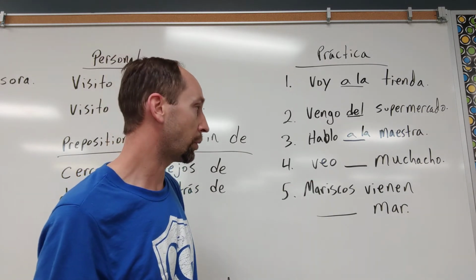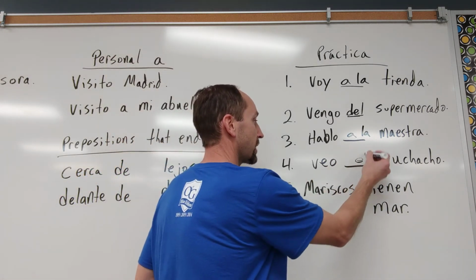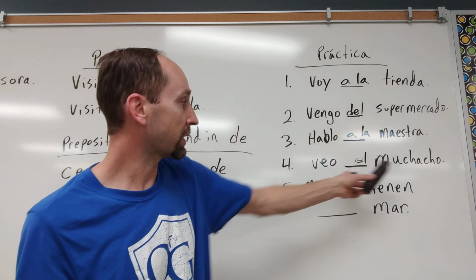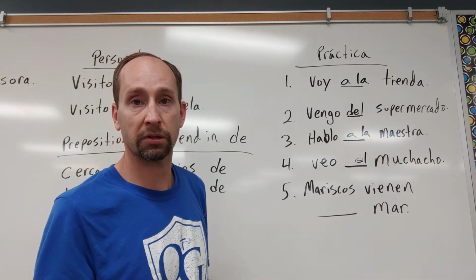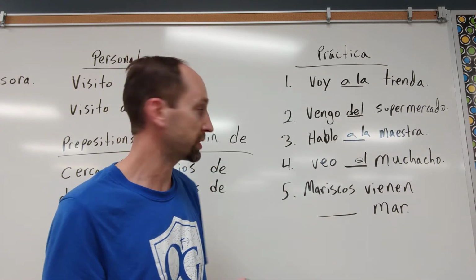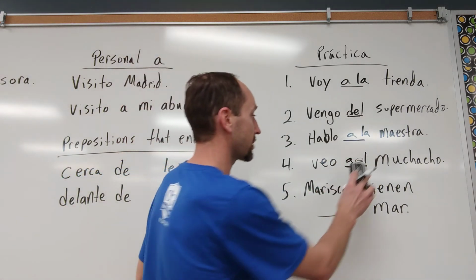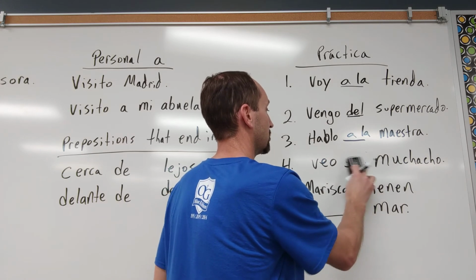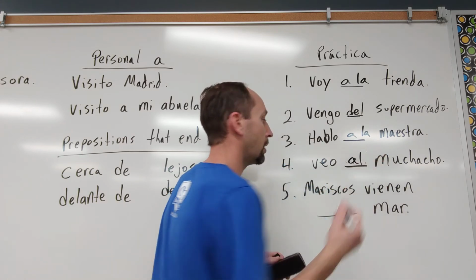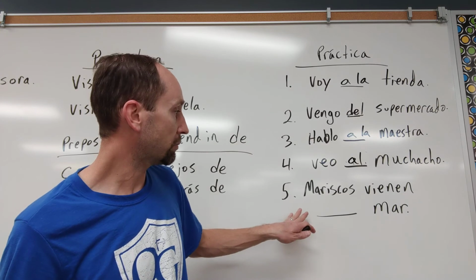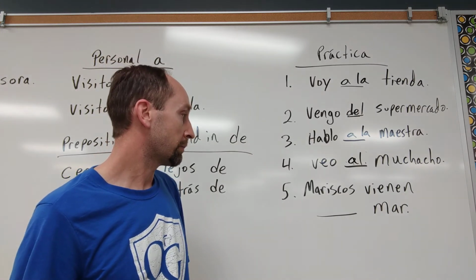I see the boy. It's going to be el muchacho. That would make sense for English, but in Spanish I have to put my personal a because I'm doing something towards a person. So I've got a and el together. I must make my contraction al. And our last one, mariscos vienen blank mar.